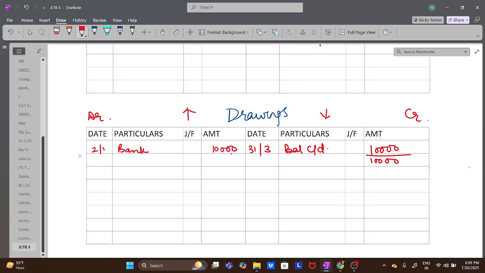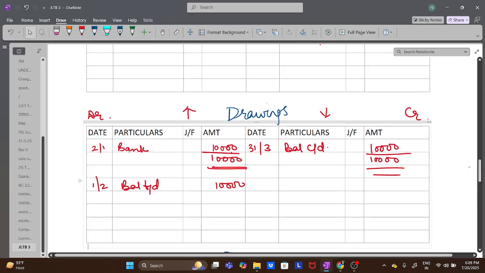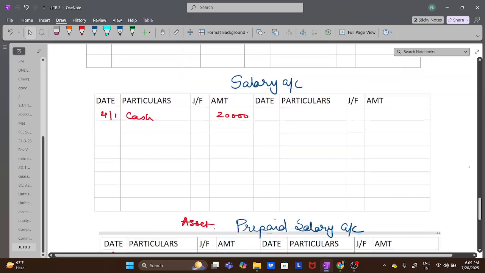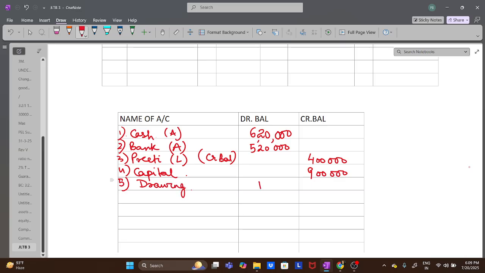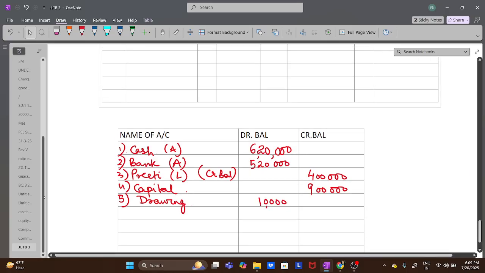Write the total. Next month, 1st Feb, balance brought down 10,000. We put the same under debit balance side on trial balance. Drawings is basically opposite of capital. 10,000.